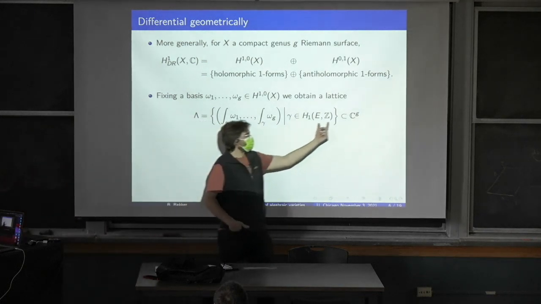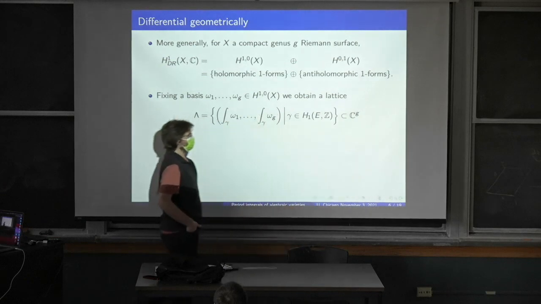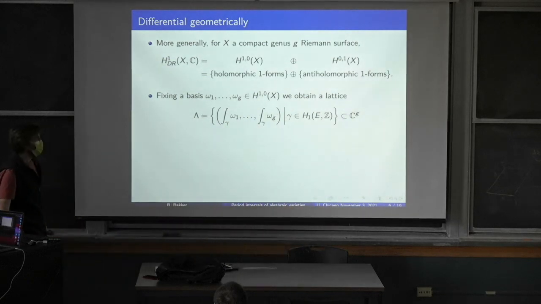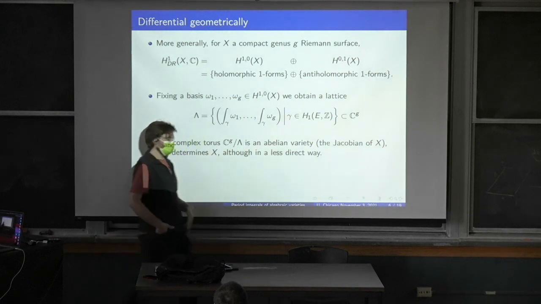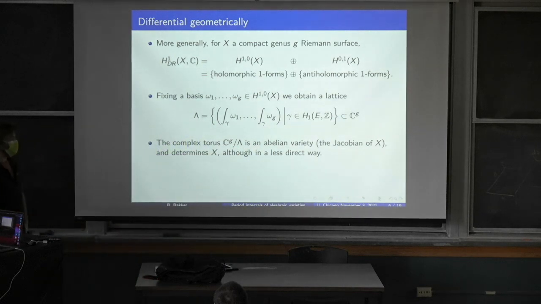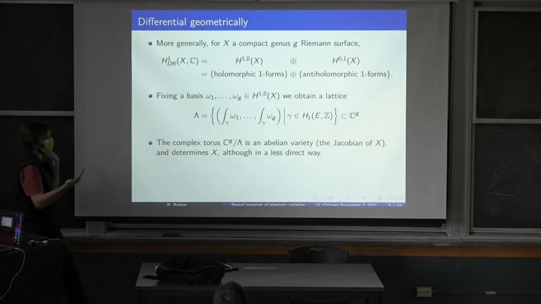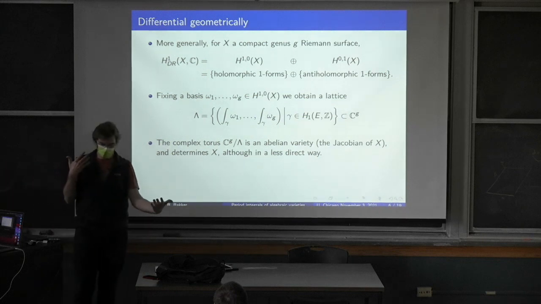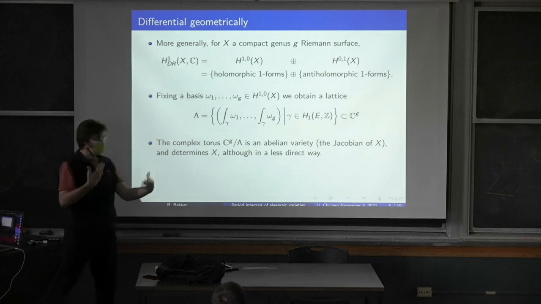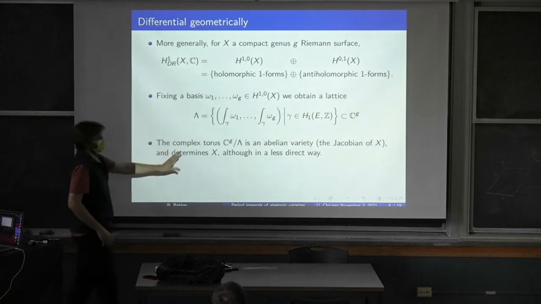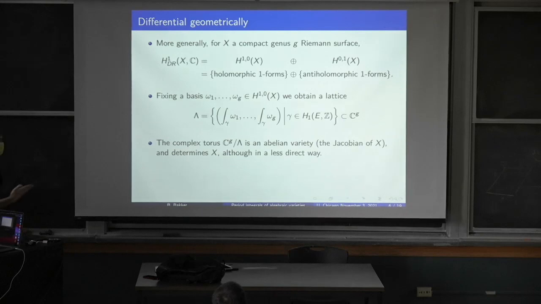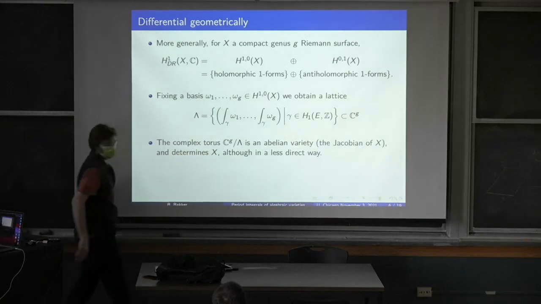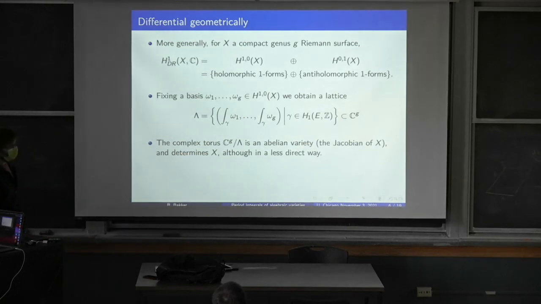And we'll get some lattice inside a g-dimensional complex vector space. And the quotient is a complex torus, back to the Abelian variety, which is just the Jacobian of this curve. And it determines X, although by a slightly more roundabout way. So for the elliptic curve, we can literally recover the elliptic curve from the information of its lattice inside C by taking the quotient. Here, it's a bit trickier, but in a precise sense, the curve is still determined by its Jacobian.